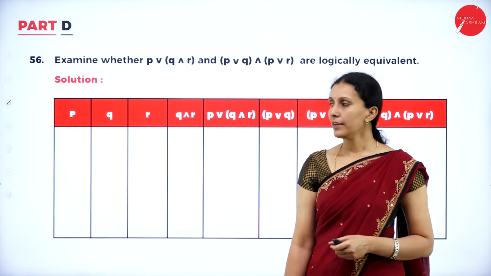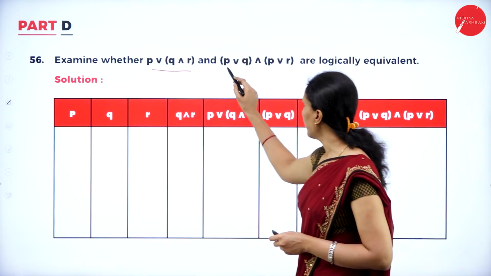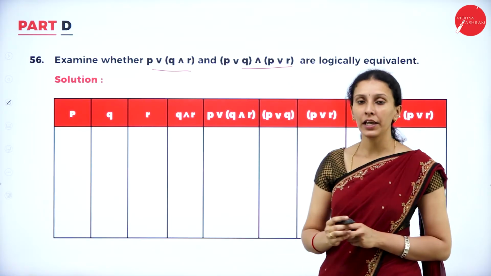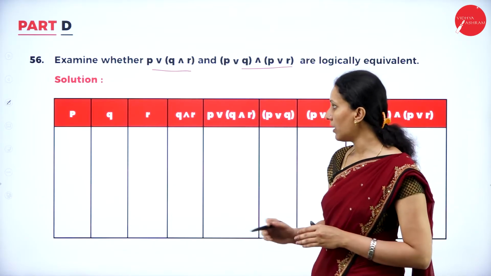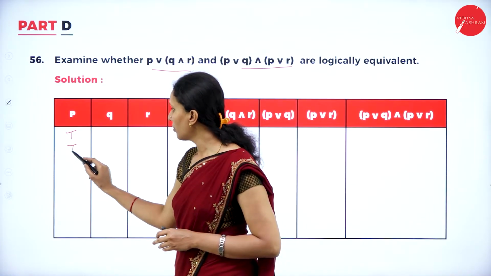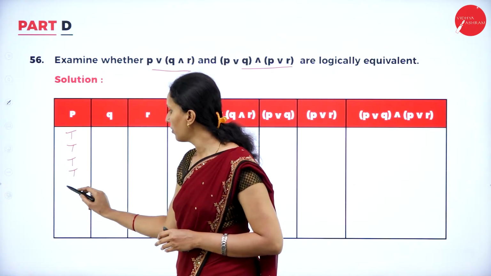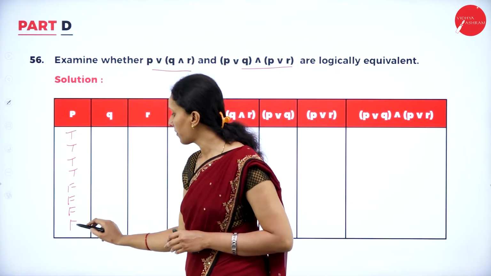So the next question, examine whether the given compound statements here are logically equivalent. So this is done with the help of truth table. So for P, let me write it as true, true, true, true, false, false, false, false.